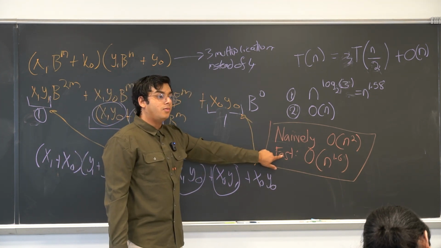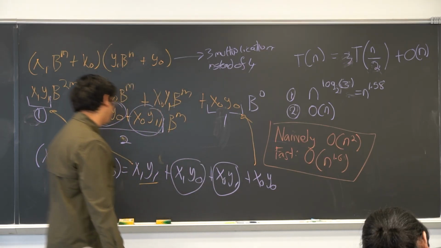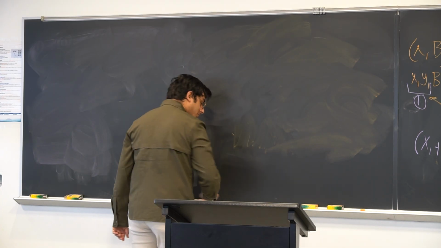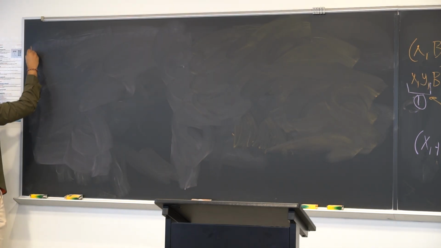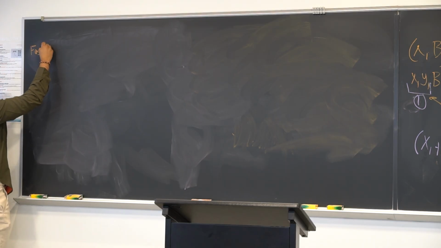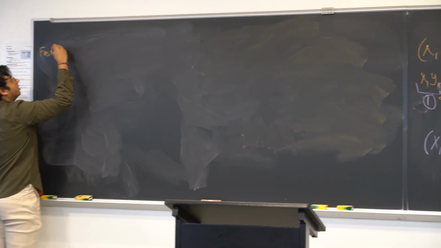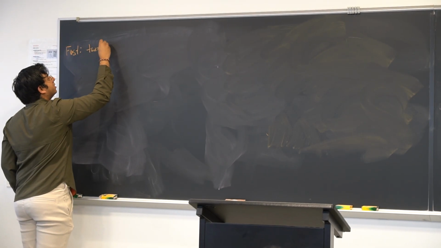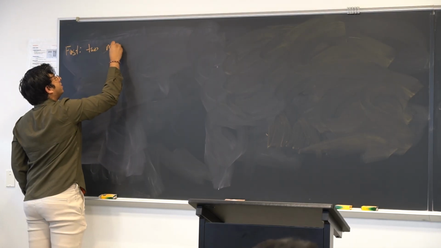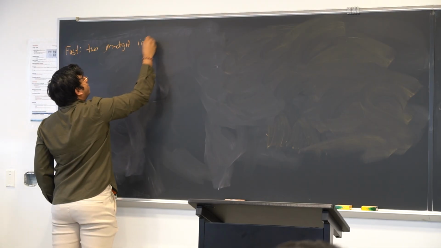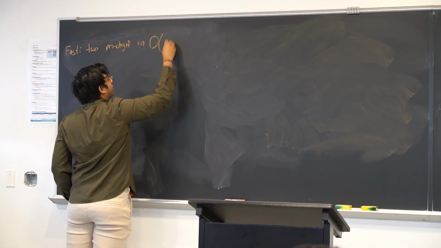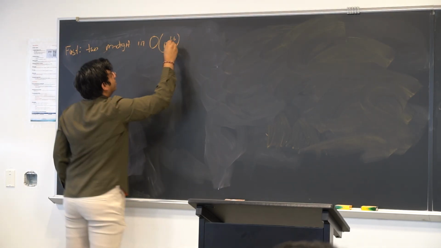With this method, n to the 1.6 time to multiply two n digit numbers. Questions? So taking away from all of that, we have a faster algorithm that multiplies two n digit numbers in big O of n to the power of 1.6 time instead of n squared. Cool.